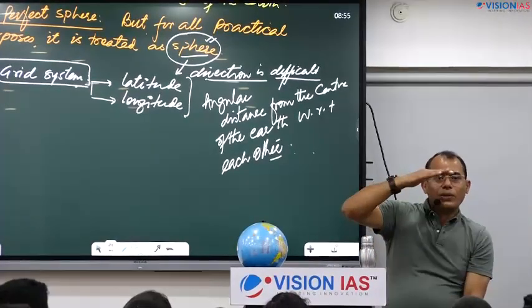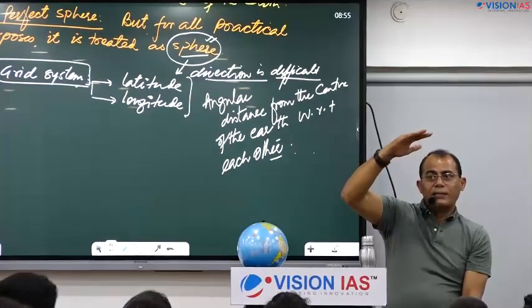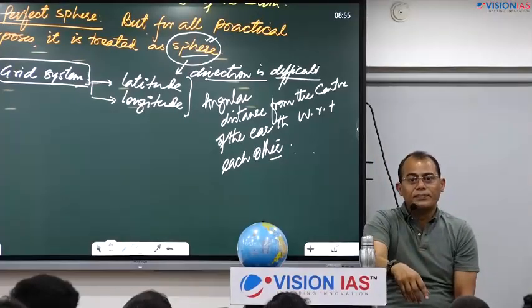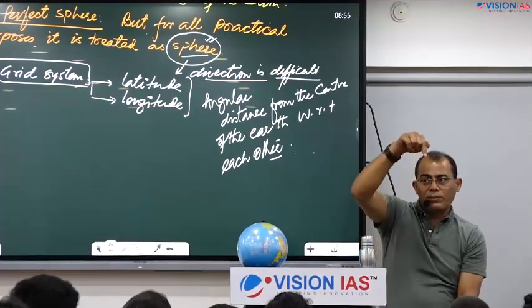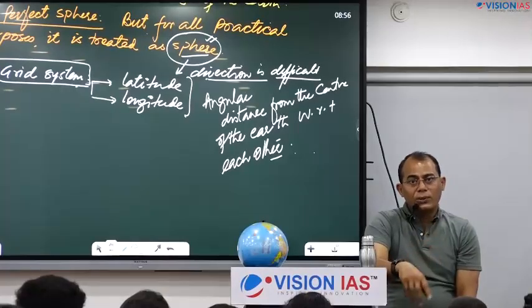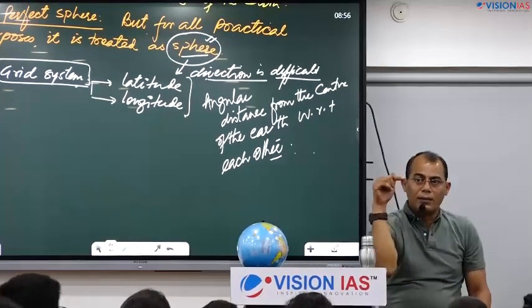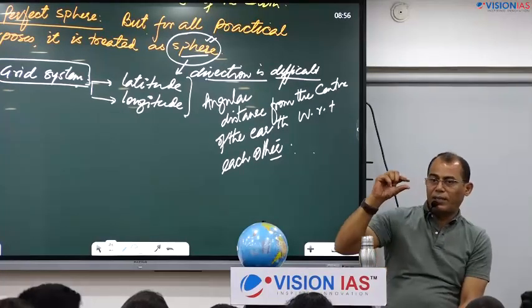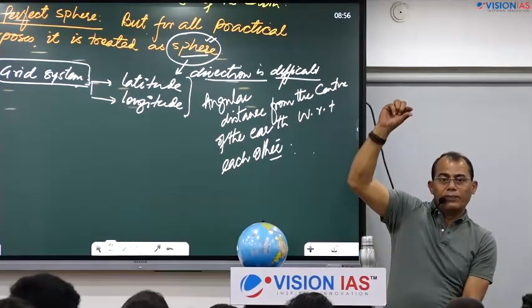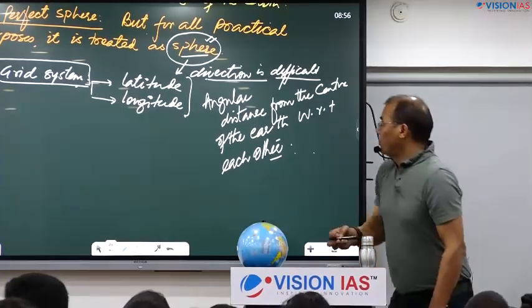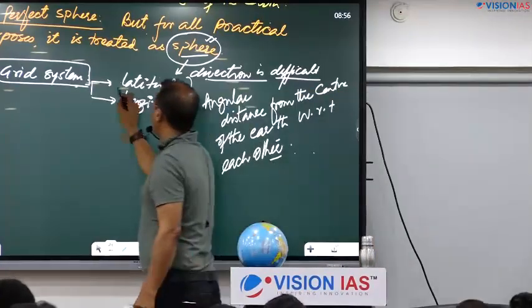When you divide the onion into different slices, the thickness will always be equal, but the circumference will keep on decreasing. Hope you understand that. So all the latitudes are parallel to each other, because the distance between the latitudes is roughly equal, and that's why they are also called parallels.